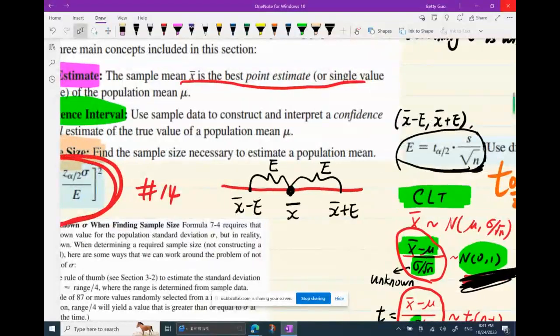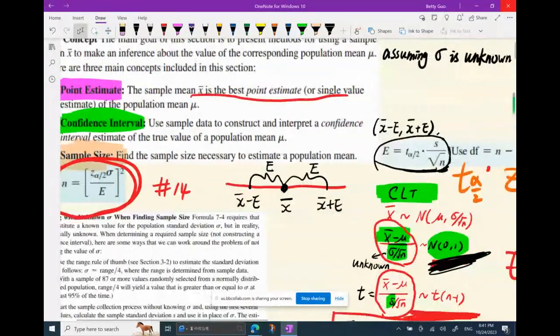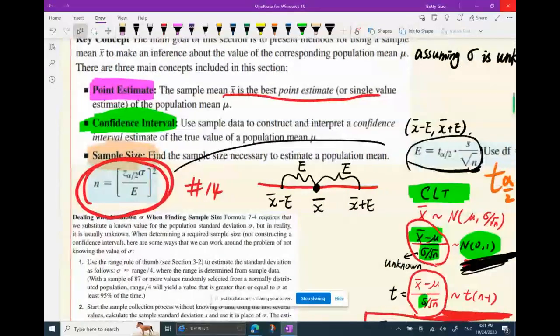Why does this formula look so different? Look at this one and this one. This formula doesn't even have t alpha over 2. It's a z alpha over 2. And this is S, but this is sigma. It's completely two different formulas.